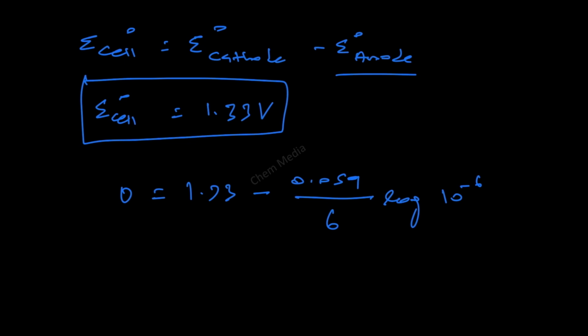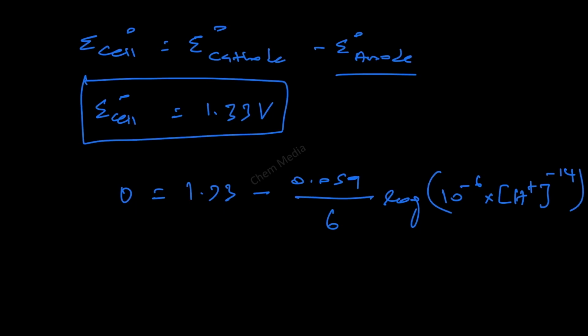Because the concentration of chromium 3 plus whole square divided by the concentration of dichromate ion is given as 10 to the power minus 6, times we have the H plus ion concentration. If we bring that up, then that is H plus concentration to the whole power minus 14, because we have 1 by H plus to the power plus 14. So, we brought it up, therefore, it became minus.